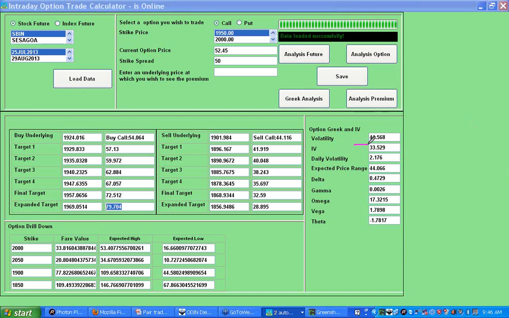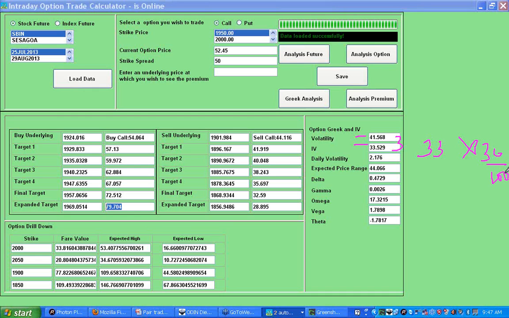Implied volatility is 33% and underlying asset volatility is 42%, near about 41.56. At any point of time, if you find a difference of more than 30%, that means 33 into 30 divided by 100.